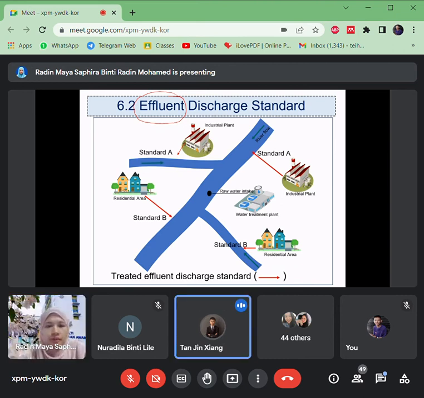Betul. Yes. So in this regulation in Malaysia, right, treated effluent discharge and standard. Okay, sekejap, treated effluent.